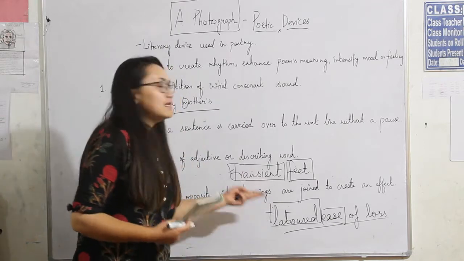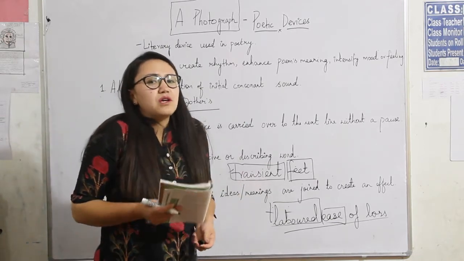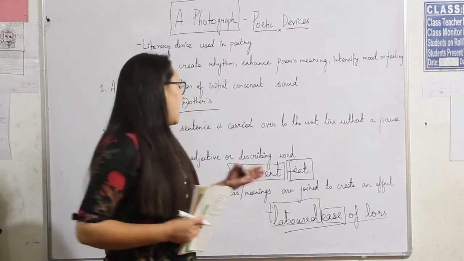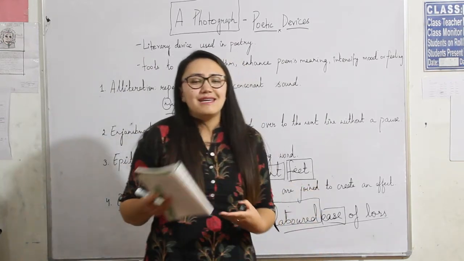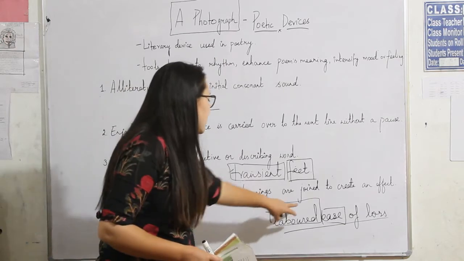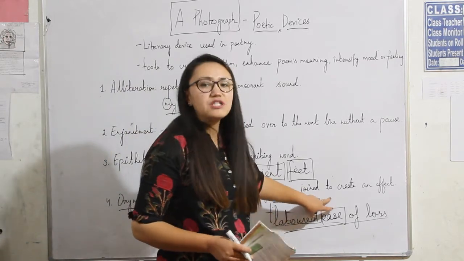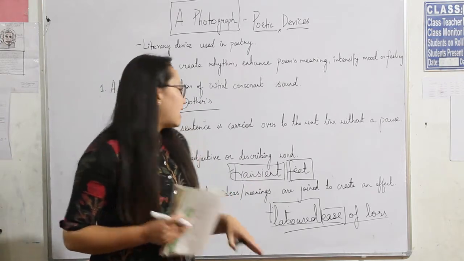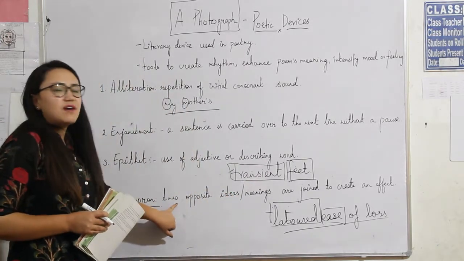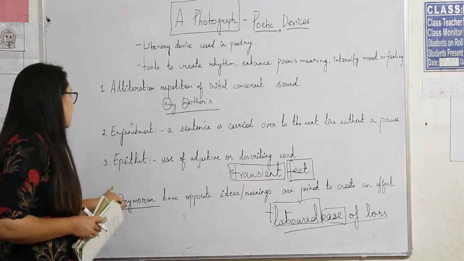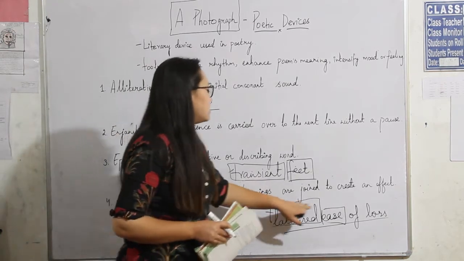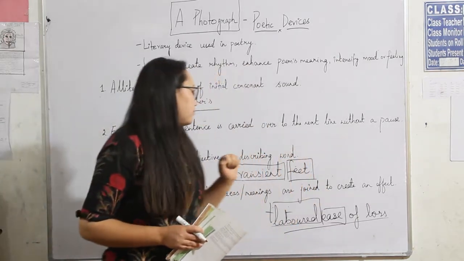Labored is something that requires too much effort, too much hard work from your side, and ease is something which is done easily, right? So here 2 words are attached with 2 opposite meanings. That is why this poetic device is known as oxymoron. Now, labored ease of loss, what is the meaning?